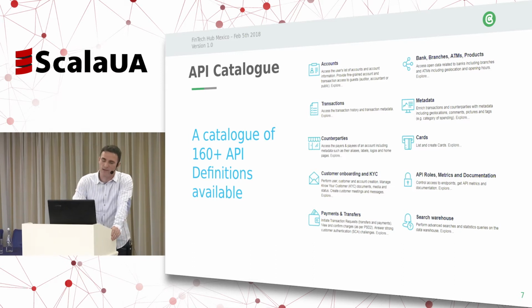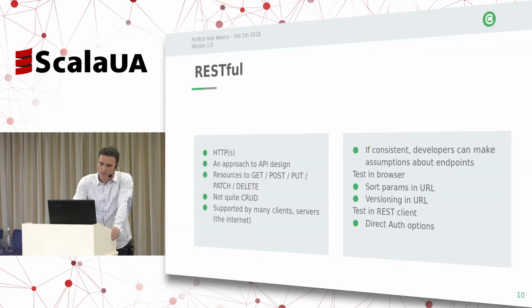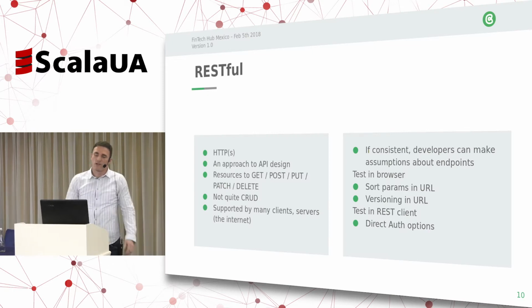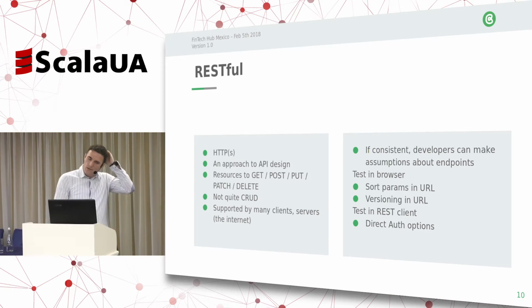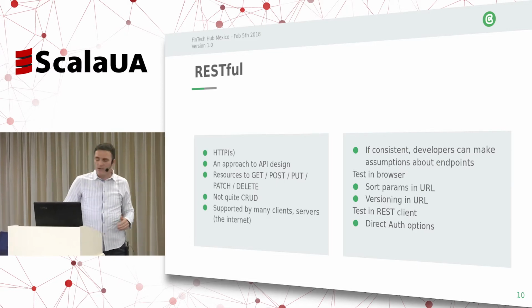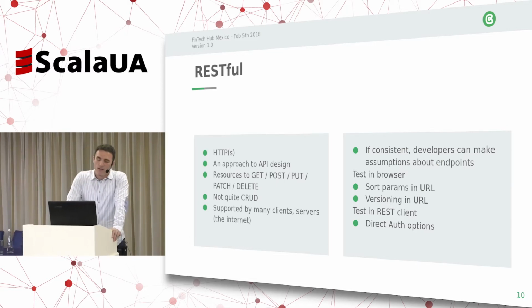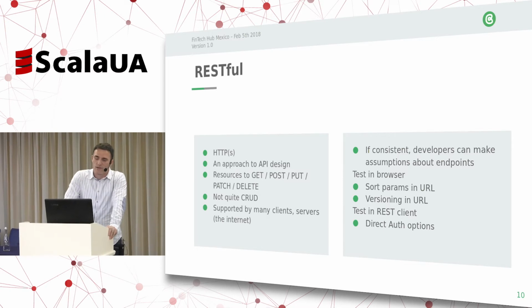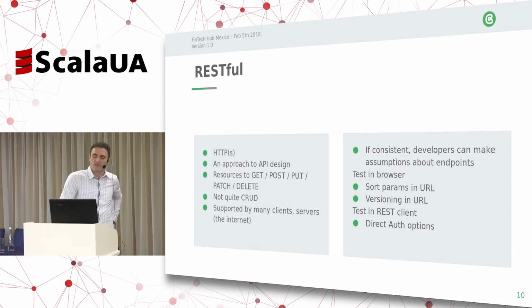I will explain that and demonstrate later. Under the hood, the Open Bank API project uses RESTful endpoints. In this case, we support GET, POST, PUT, PATCH, and DELETE RESTful endpoints.